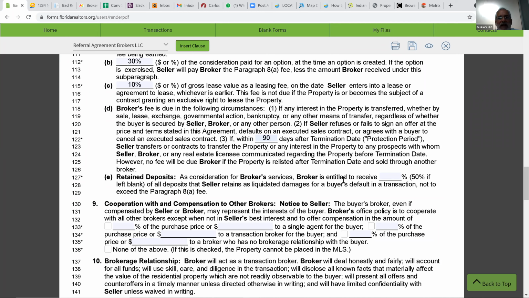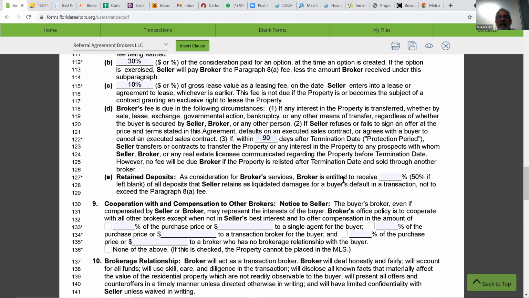But this will only protect me if somebody that came into the property during the listing time, during the 6 months period, and then they wait until my listing expires and go on contract directly with the seller, I'm allowed to get my 6% commission even though I don't do the contract, okay?